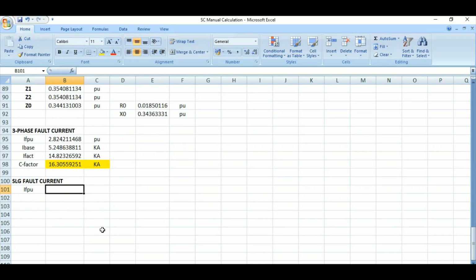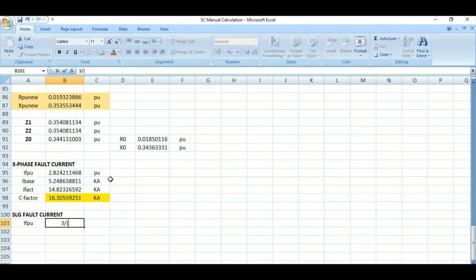So 3V, with V as 1 per unit, so 3 into 1 means 3. Equals 3 divided by Z1 plus Z2 plus Z0.